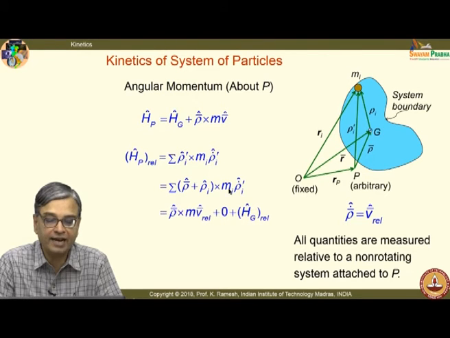So, I could rewrite this, do the simplification yourself later. So, I get this as rho bar cross m v bar plus 0 plus h g rel. So, I have h p rel as h g rel plus rho bar cross m v bar rel.